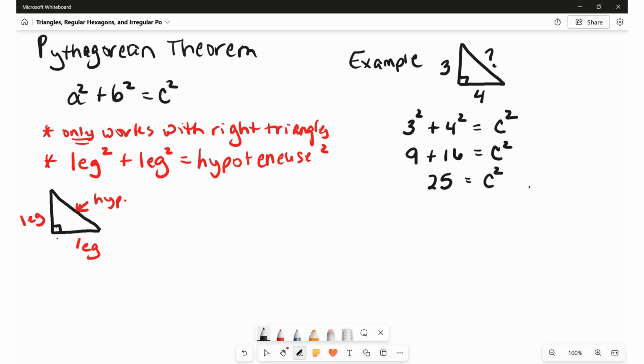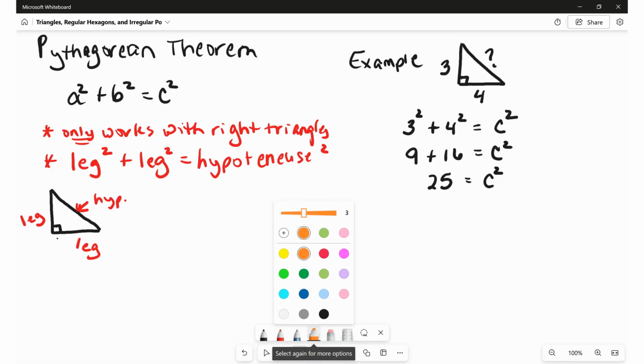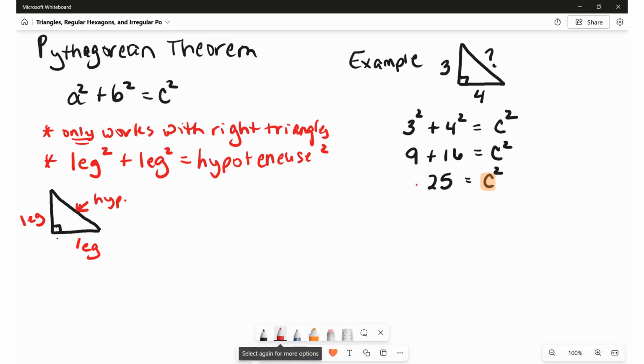So that is what c squared, or the hypotenuse squared, is. But you have to keep in mind, the length of the hypotenuse is just the variable. So in order to cancel out the squared, we have to take the square root of both sides, which gives us the hypotenuse is 5.